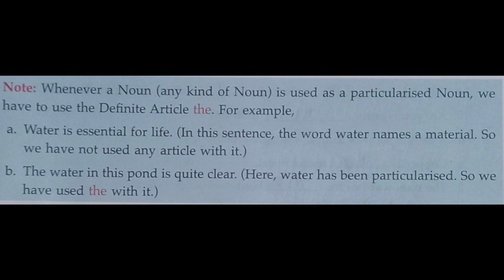Now, in the next sentence, the water in this pond is quite clear. Here we have used the article the before water. Why? Because in this sentence we are particularizing the water. We are talking about water of a particular place. We are pointing out the water. That's why we have used the article the before water.